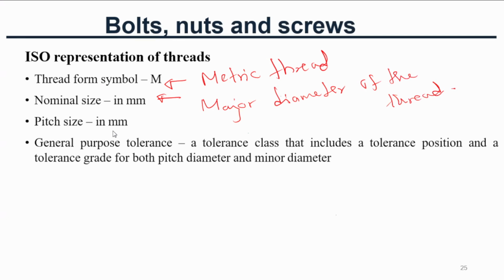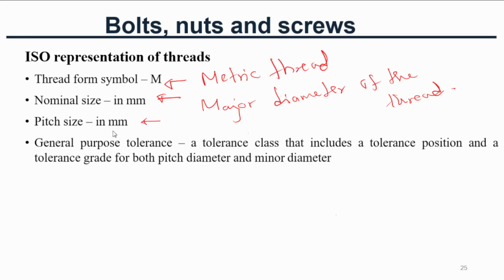Then the pitch size, you know about pitch. You can get it using millimeters. Pitch means the distance between two adjacent thread crests or roots. Distance between any two points on the threads, crest to crest or root to root, is the pitch.